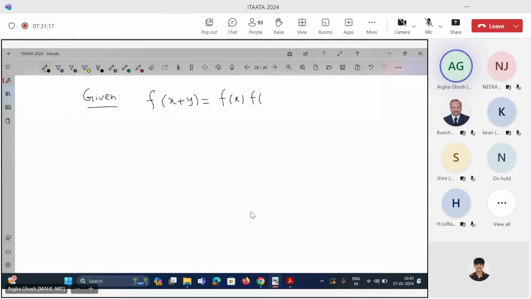So let's say it is continuous at a point. Let's first take the example that f is continuous at 0.